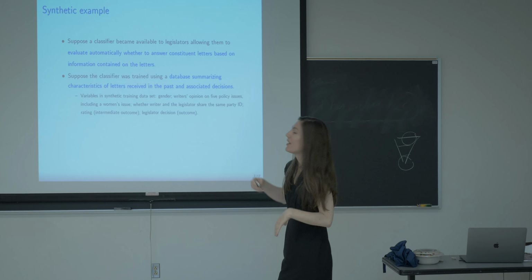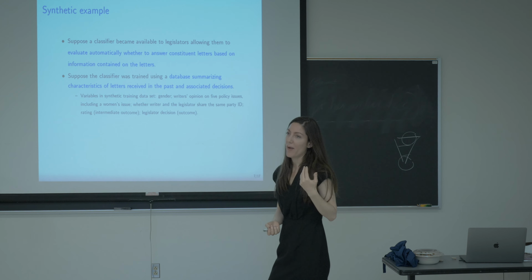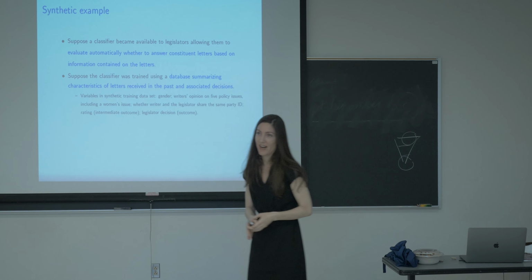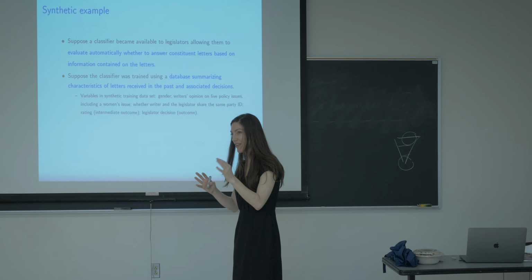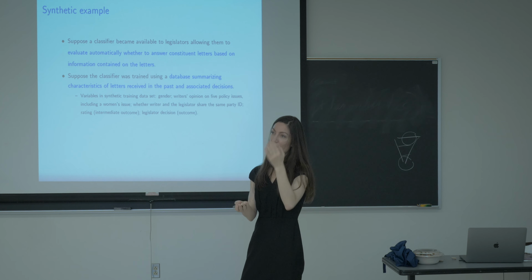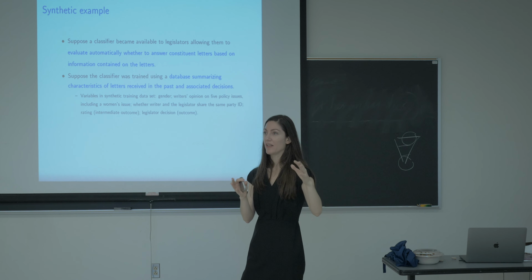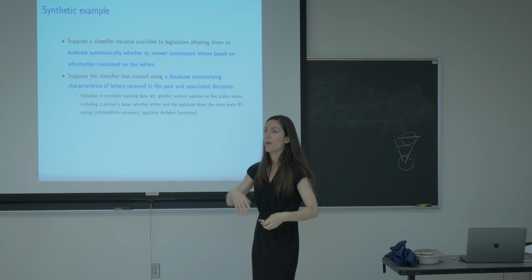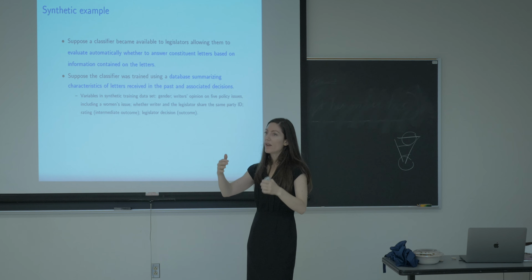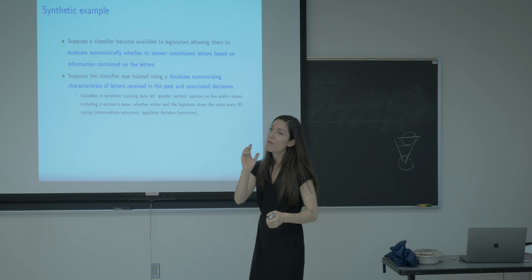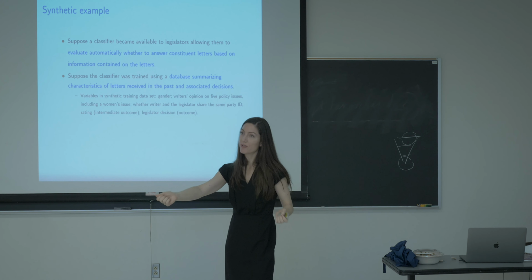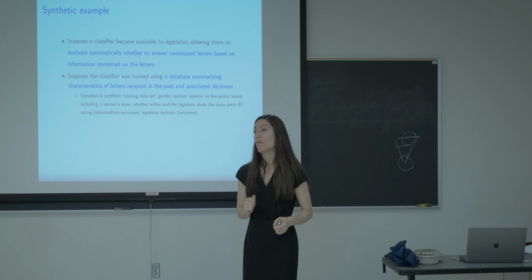Okay. So let us make the following assumptions about the information contained in the dataset. The information contained in the dataset involves decisions made by the legislature staff in the past on letters, where they have a data set that tells you for each letter what the writer's position was on 5 issues, including a women's issue.